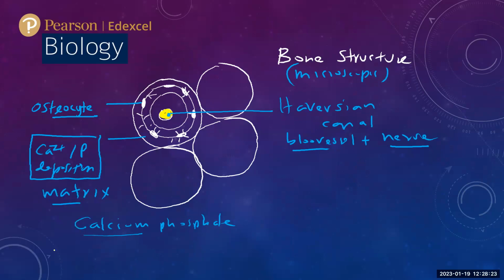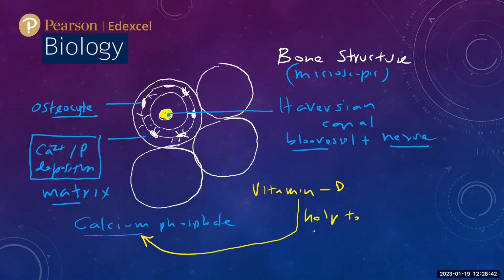And also, if a person is taking enough calcium but has a problem with vitamin D, it is a problem, because vitamin D is important to help absorb calcium. So we need a good amount of vitamin D and calcium to make the bone matrix.